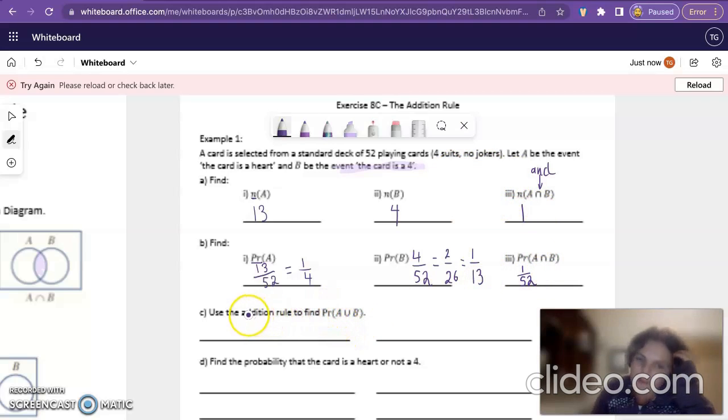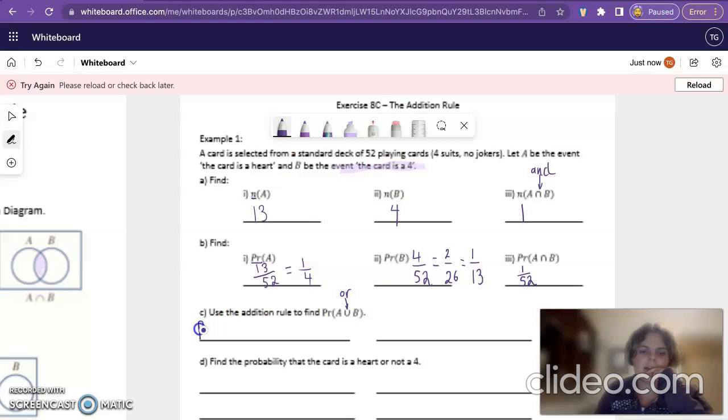Okay. Now we want to practice what we've just learnt. Let's use the addition rule to find the probability of A union B. Remember, union means or. The probability of getting a heart or a 4.